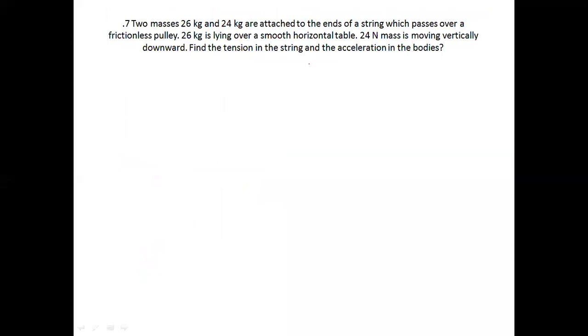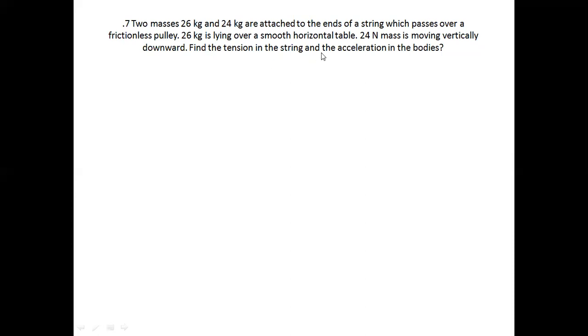Now question number 7. Question number 7 says two masses of 26 kilogram and 24 kilograms are attached to the ends of a string which passes over a frictionless pulley. 26 kilogram is lying over a smooth horizontal surface, that means it is M2, and the 24 kilogram mass is moving vertically downward, that means this is M1.